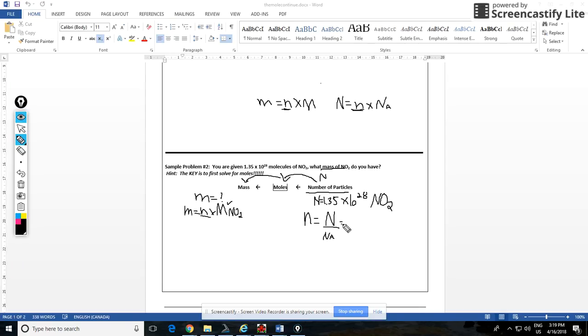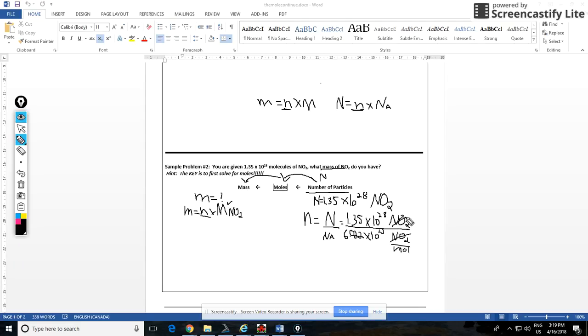So we can plug that information into our formula, 1.35 times 10 to the power of 28 NO2s divided by Avogadro's number, which is 6.022 times 10 to the power of 23 particles of NO2 per mole.